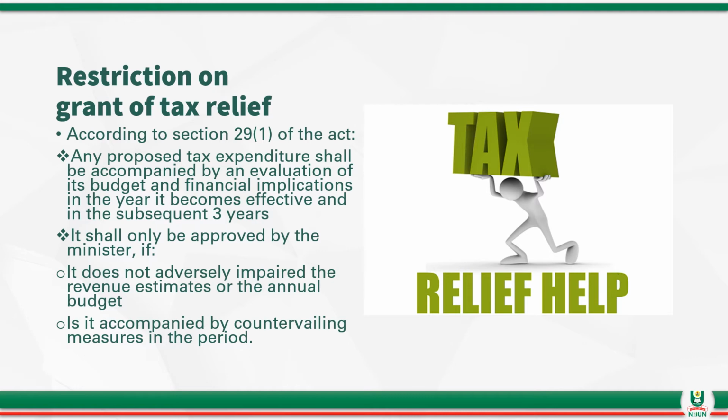And secondly, such request should be accompanied by a countervailing measure in the period. So what are the other ways you are going to use to raise revenue to counter the adverse effects of this tax relief given to a particular unit or agents of the economy? So if there are no countervailing measures, other measures put in place to insulate the budget from being impaired, then it cannot be approved.